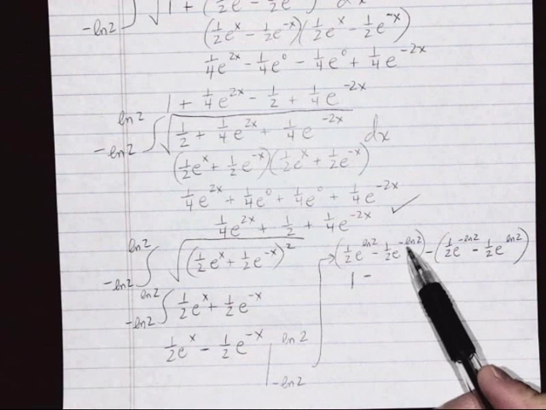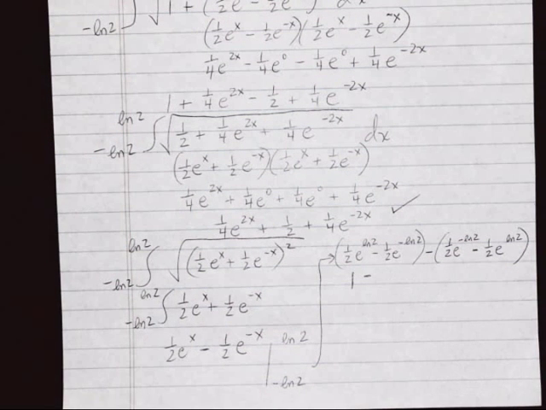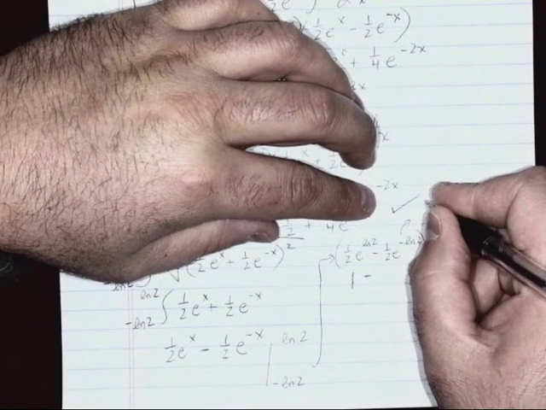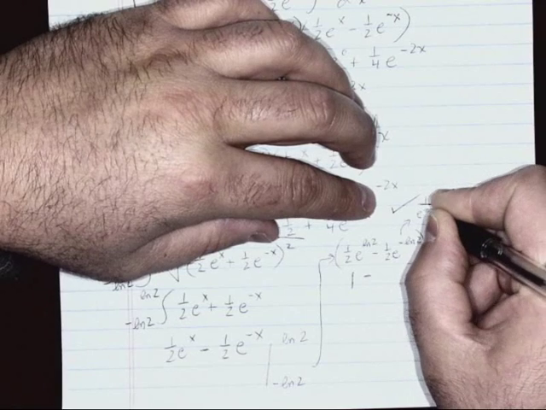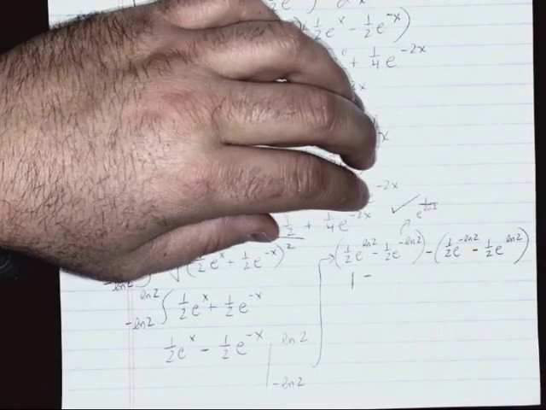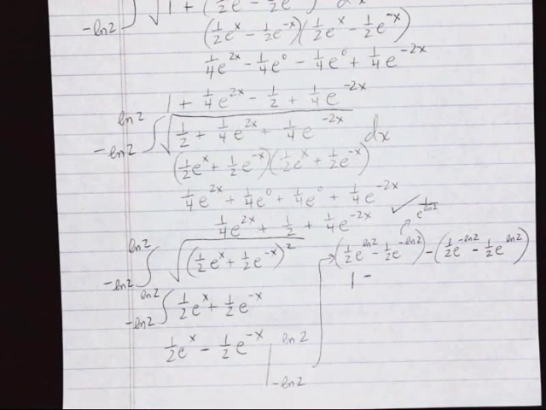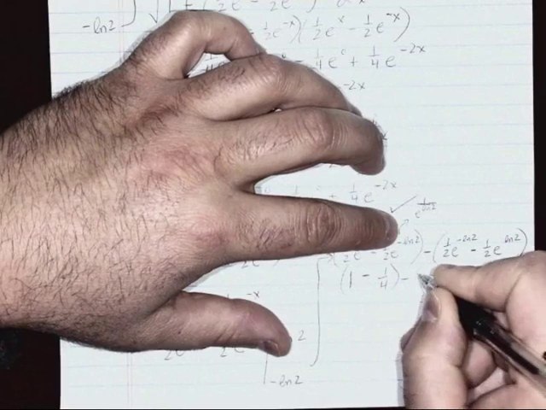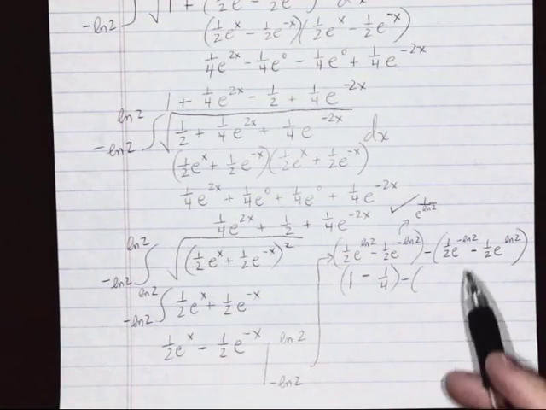Okay, since that's a negative exponent, it's going to be written under 1, so that's this. And we've done this in some other problems. This is the same as 1 over e to the ln of 2, right? So that's basically a half, and a half times a half is a fourth. Same thing here.